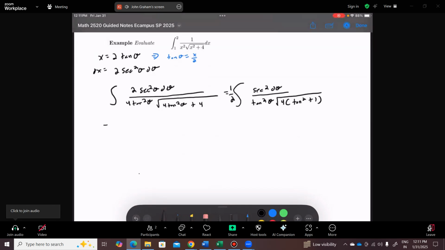Alright. So now it's going to be 1/2 integral. I'm not writing my limits, but they're still there. We have to remember that at the very end. Take the square root of 4, and you get 2 on the outside. And you have the square root, and then tangent squared plus 1 is your secant squared.